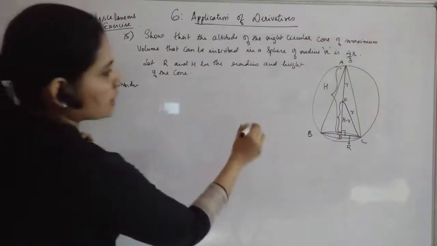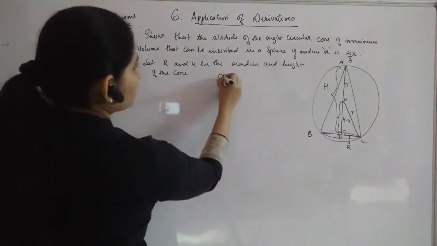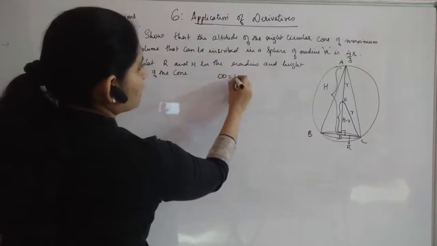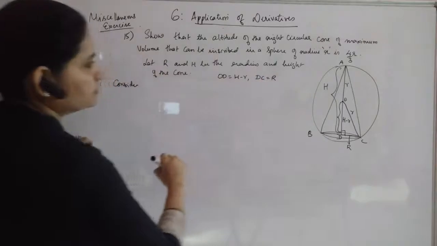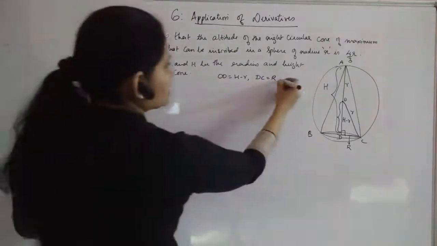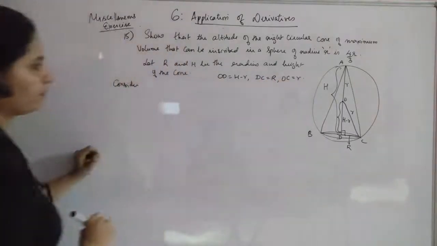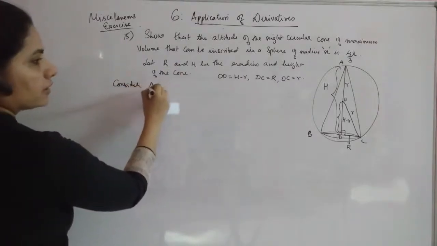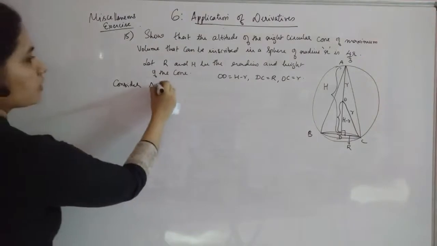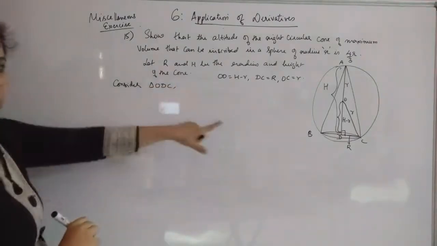Before that, you can just write OD will be H minus r, DC is R, and OC is small r. In the triangle, we need all these things. Okay, considering triangle ODC, Pythagoras theorem you are applying.